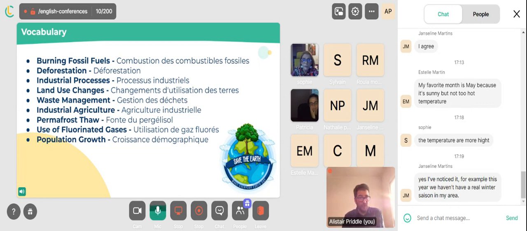Burning fossil fuels, deforestation, industrial processes, land use changes, waste management, industrial agriculture, permafrost thaw, use of fluorinated gases, population growth. Okay.